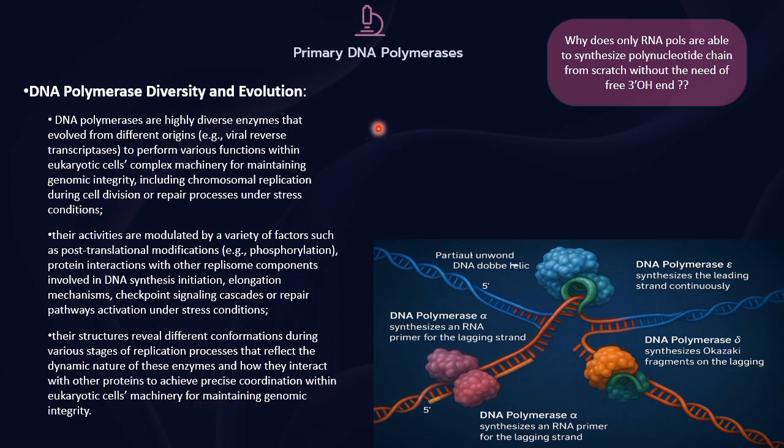Before understanding each type of primary DNA polymerase, let's try to solve this question: why is it that only RNA polymerase is able to synthesize a polynucleotide chain from scratch, without the need of a free 3' OH end, whereas DNA polymerase needs a 3' hydroxyl group in order to synthesize DNA?